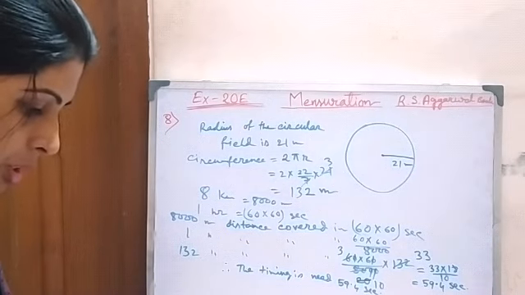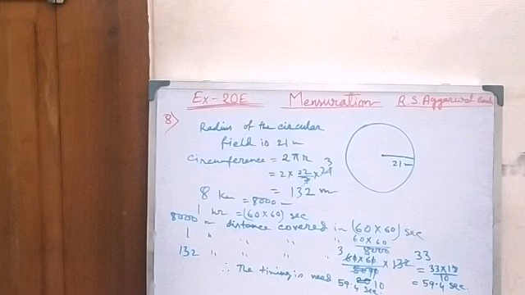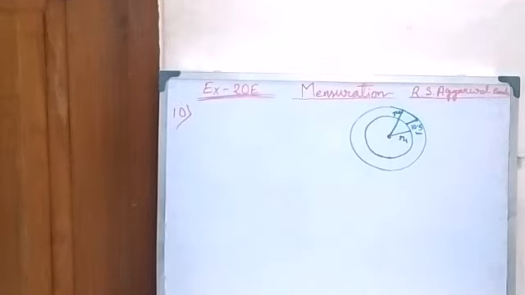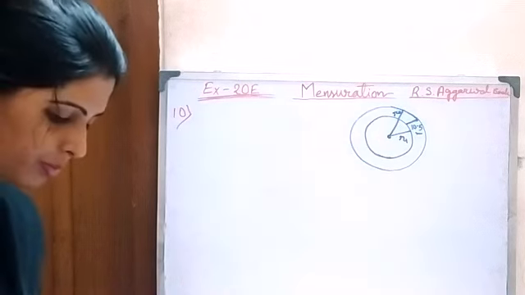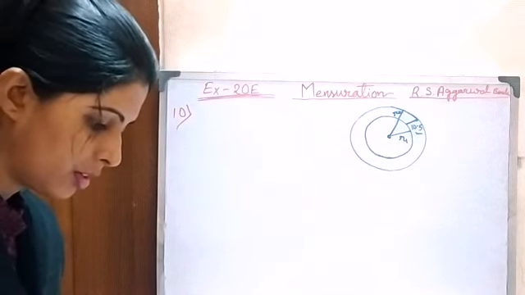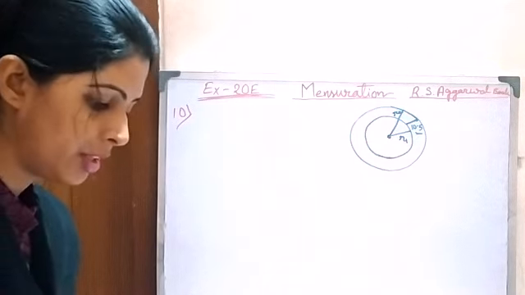Now coming to question number 10. The inner circumference of a circular track is 330 meter.